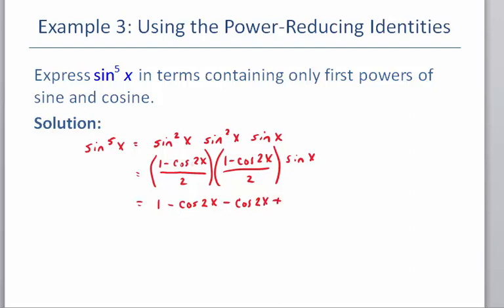And my last terms, cosine 2x times cosine 2x, is going to give me cosine squared 2x. On the bottom, we're going to have 2 times 2, which is 4. And all of that is going to be multiplied by this sine x that sits on the outside.